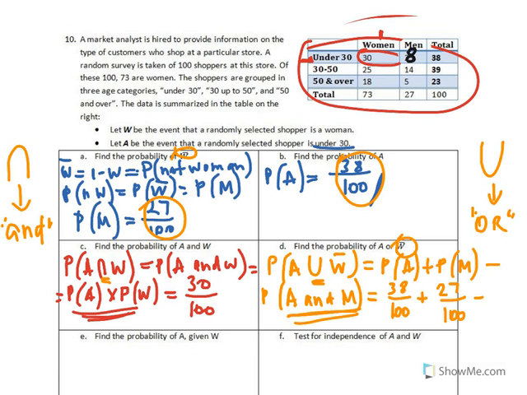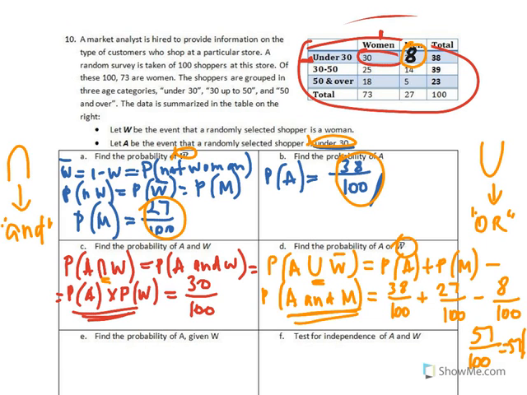A was the probability of being under 30, and men under 30 is 8, so minus 8 over 100. So that's going to be a probability of 57 over 100, which equals 57%. So that's the probability of A or not W, meaning men or under 30.